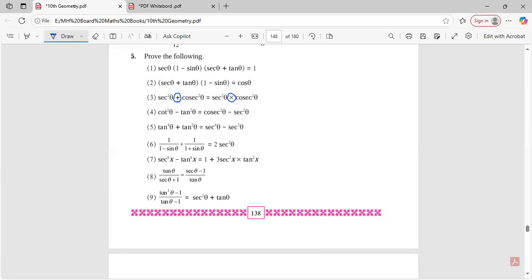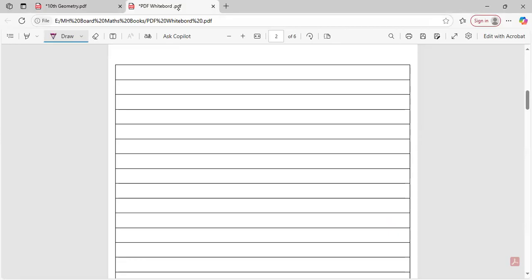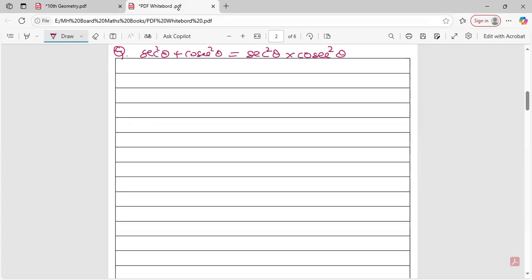So the multiplication of sec square and cosec square is the same as the addition of sec square and cosec square. That is the result. Very good.